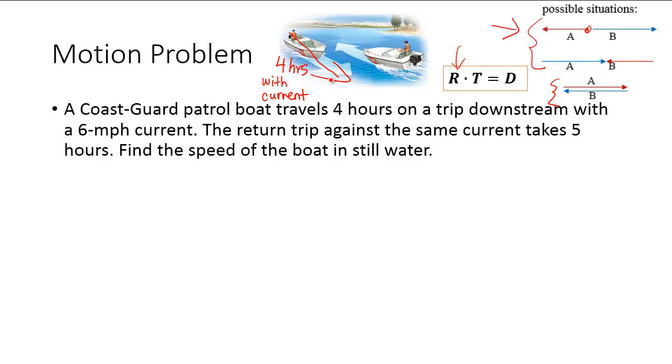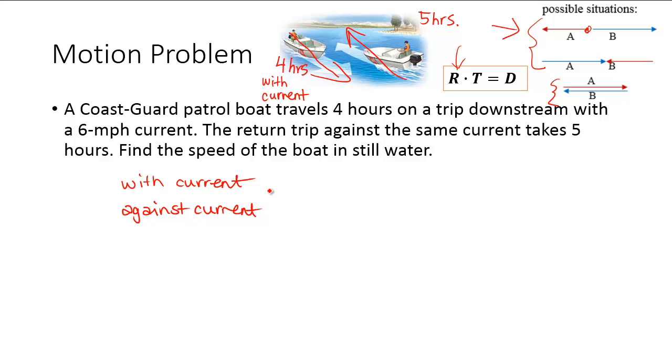The return trip takes 5 hours, and the current is the same, they're assuming. So find the speed of the boat in still water. So if there was no current, what speed is his engine revving at, is what the question is. So we've got with the current as one option, and against the current as another option.